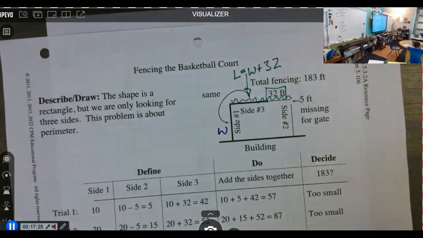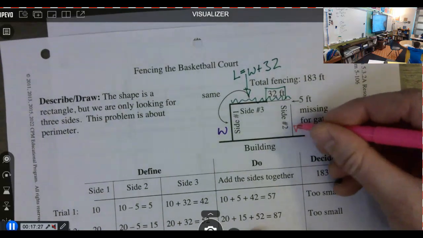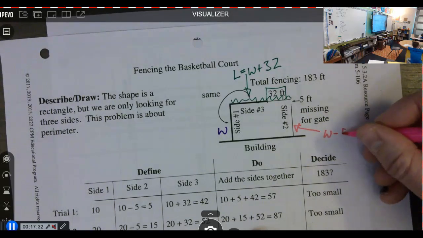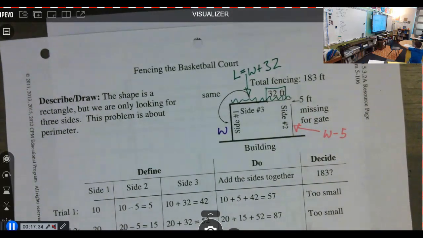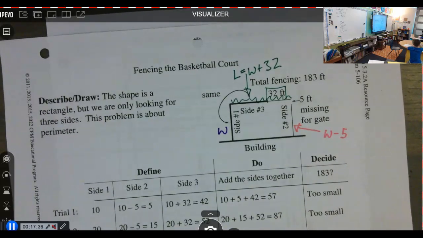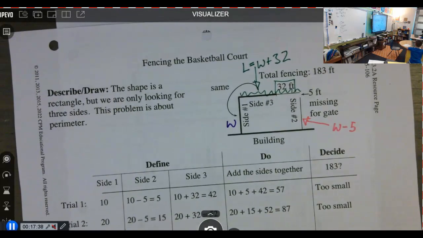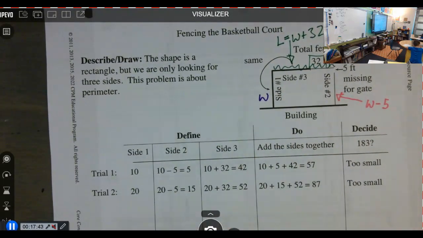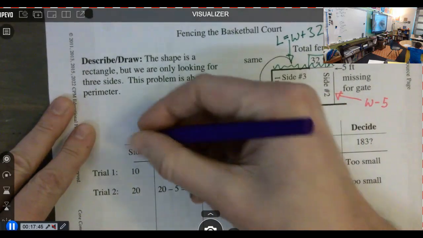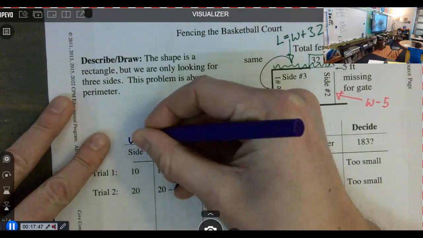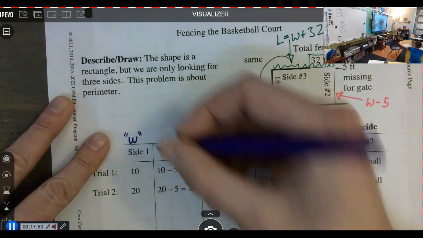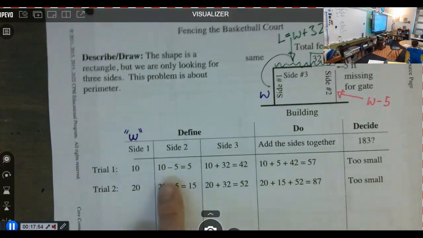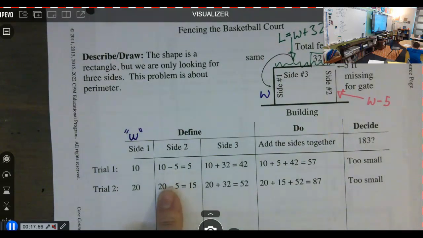And then this side over here with the missing for the gate, yeah, width minus 5. Width minus 5. So down here, side 1 is actually our W. Side 2, what are they doing?